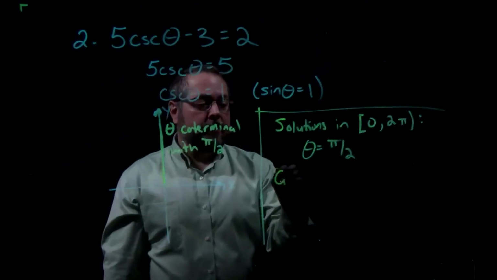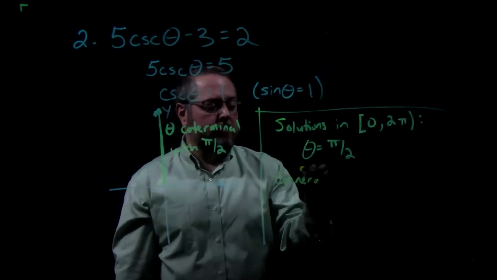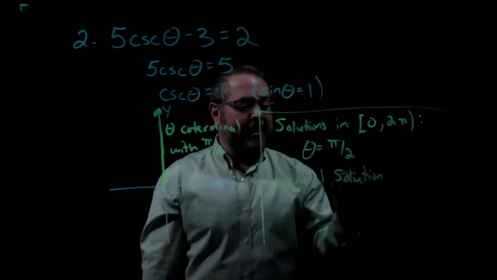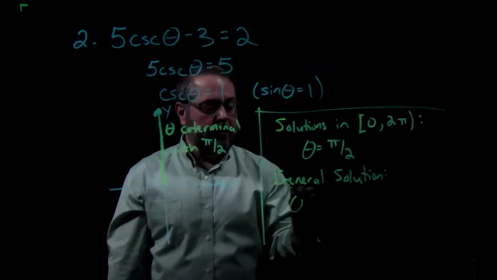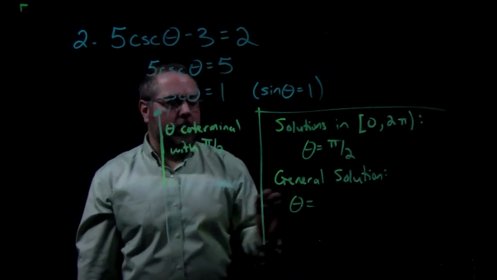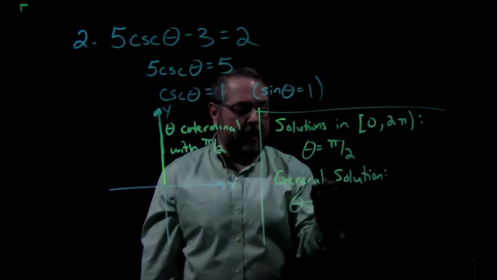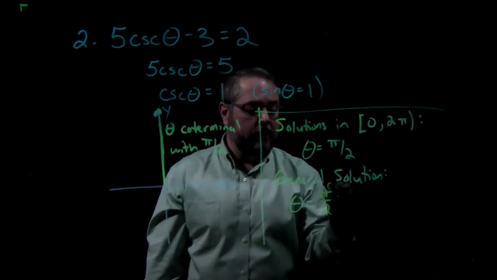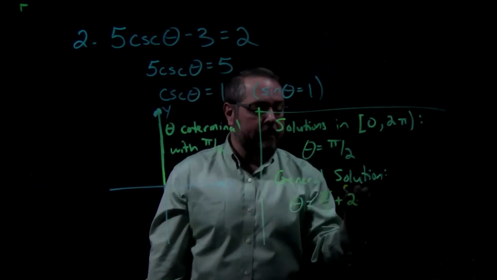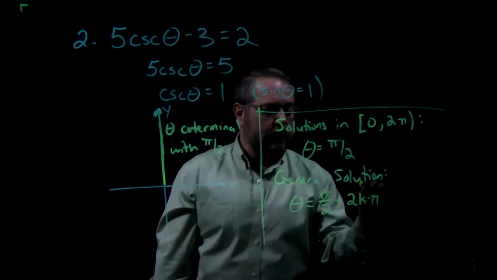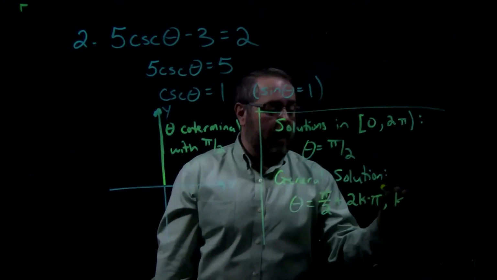On the other hand, if we want a general solution, we can get an angle with a cosecant of 1 by starting at pi over 2 and adding an integer multiple of 2 pi.